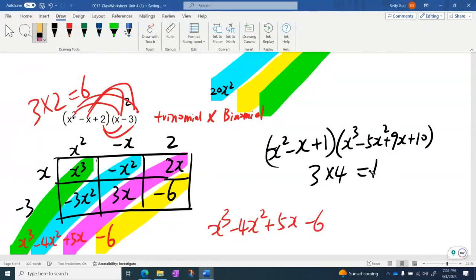You are expecting to have 12 terms in the expansion, and then you combine them. Do you see what I'm talking about here? That's the first pattern. When you multiply two polynomials, you first have to determine how many terms are in the expansion.